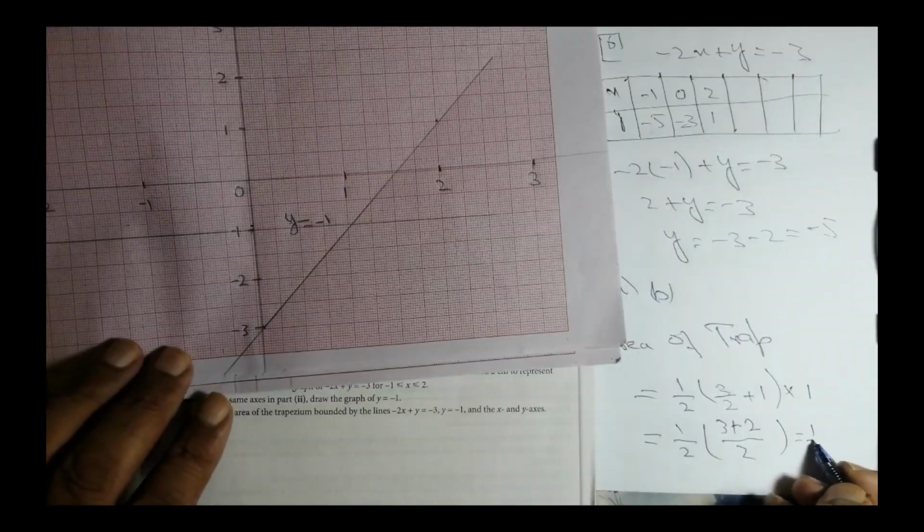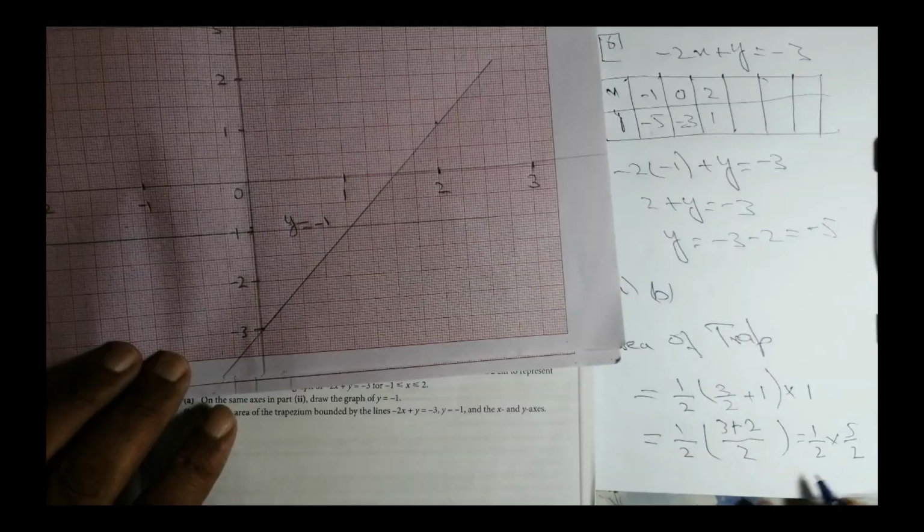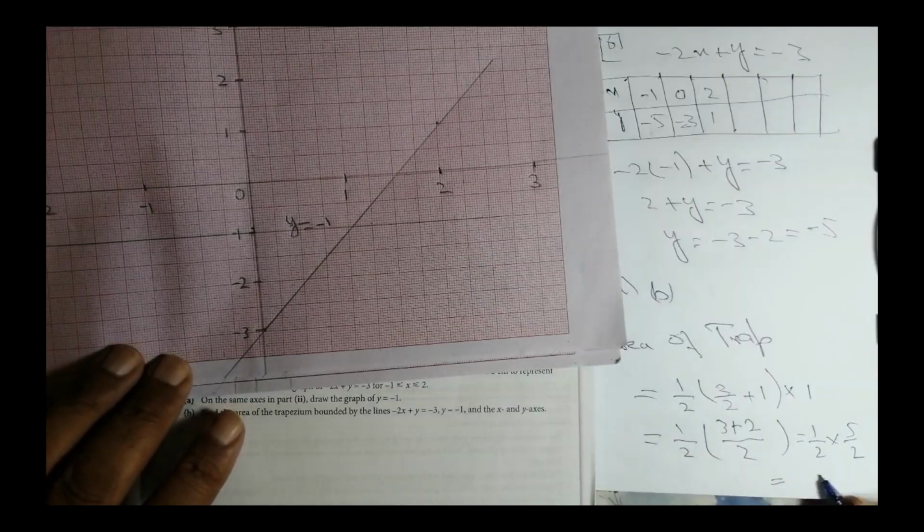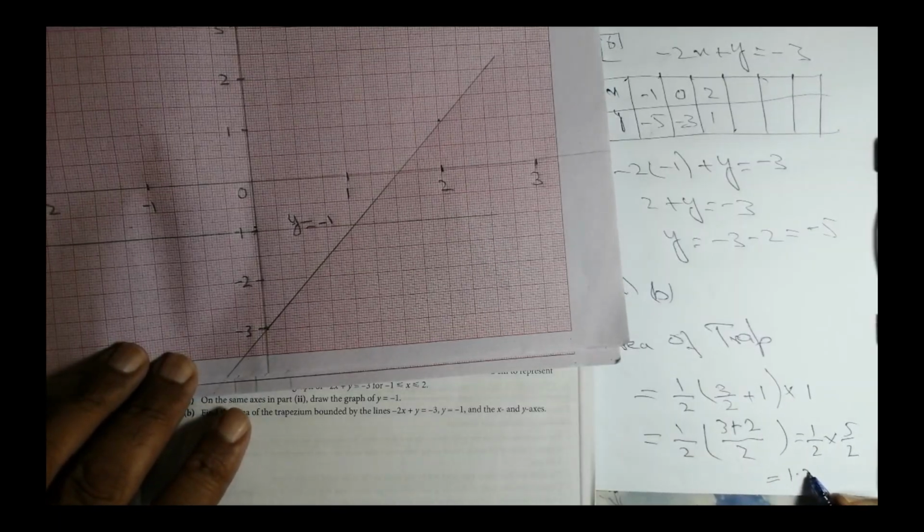So 1/2 into 3/2 plus 1. Taking the LCM, 3 plus 2 over 2, that is 1/2 into 5/2, which equals 5/4, that is 1.25.